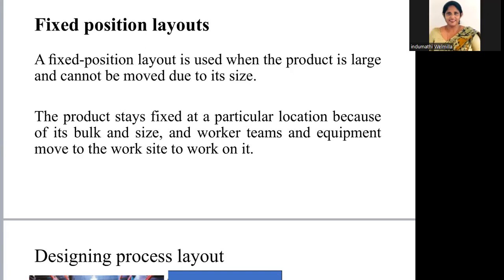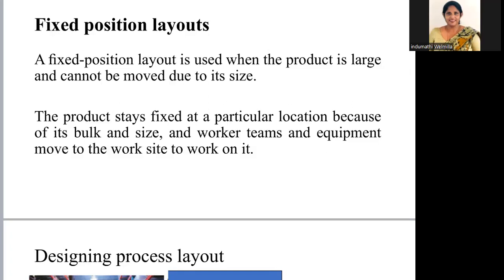Okay, so we know the fixed position layout is used when the product is large and cannot move because of its size, right? So all the resources for producing the product, including the equipment, labor, other tools, and all other resources, not only physical but also human resources, are brought to the site where the product is located, right?